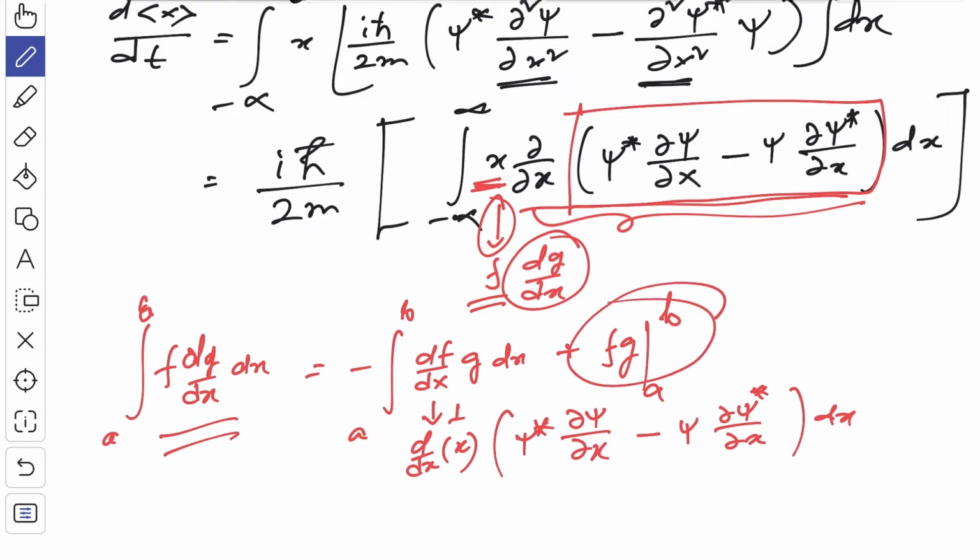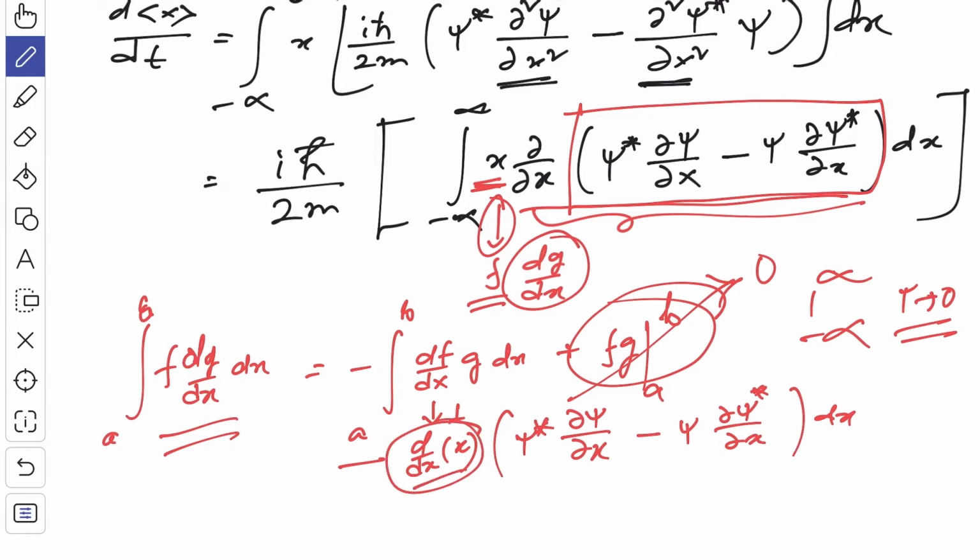And the boundary part from minus infinity to plus infinity, psi goes to 0, that's why this portion will be 0. So we will obtain minus this term, since the derivative of x is 1, and simply we will get this result.